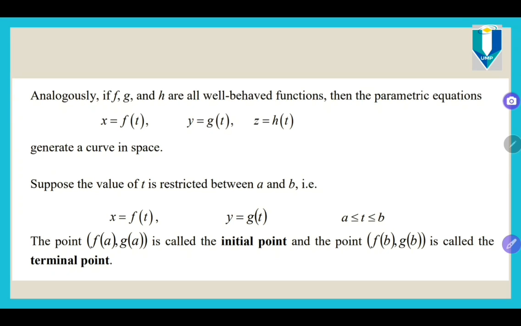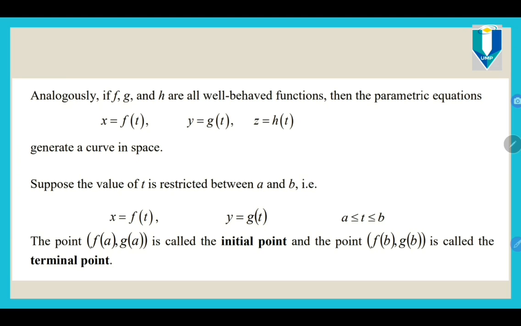Analogously, if f, g, and h are all well-behaved functions, then the parametric equations x equals f(t), y equals g(t), and z equals h(t) generate a curve in space. That means in a three-dimensional system. Now go back to the parametric equation in 2D.